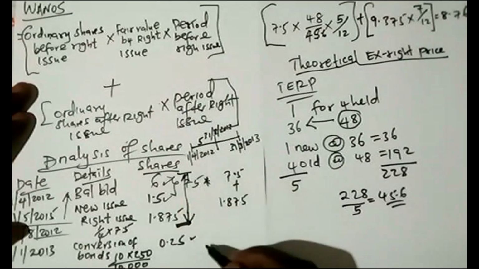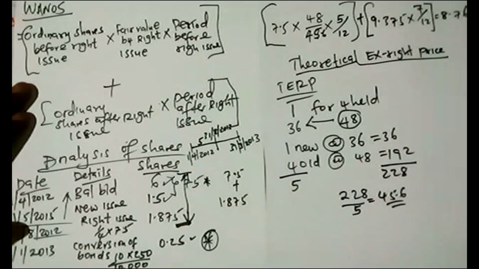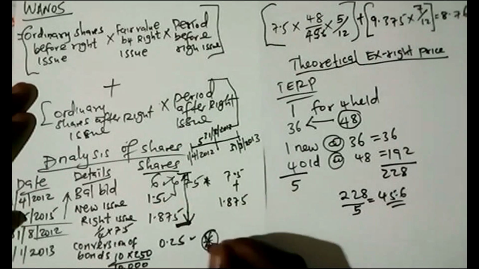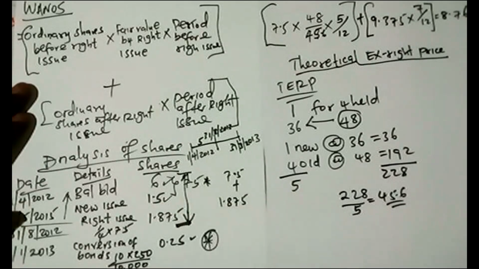So again, there are these shares which were issued. Remember, these are the shares which were present. They were never issued, but they were generated through the conversion of a bond, the 10 million of the bond was converted, and they got these 0.25 ordinary shares, and that was on 1st January 2013.